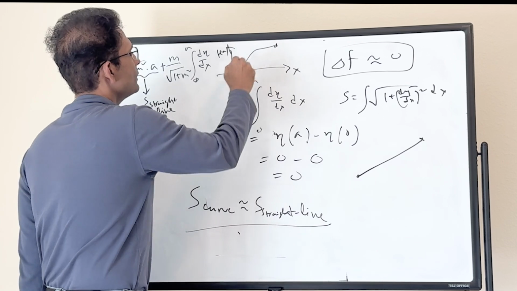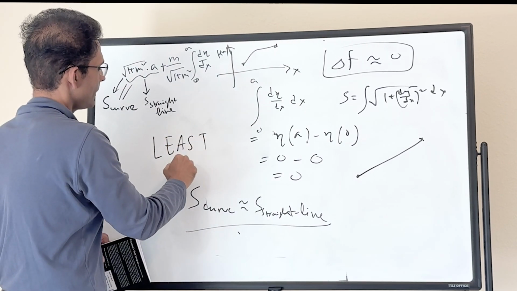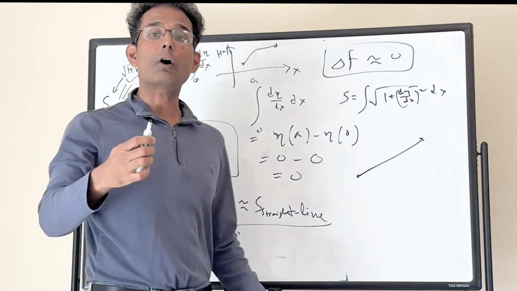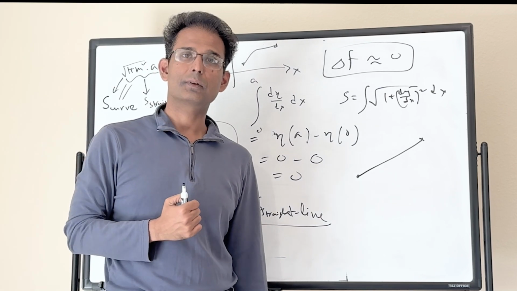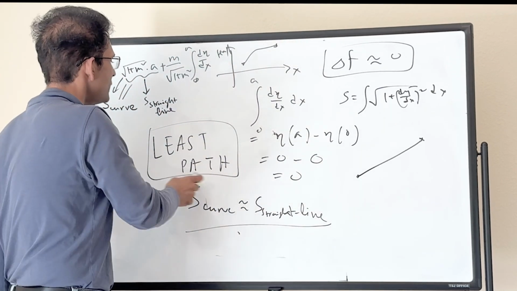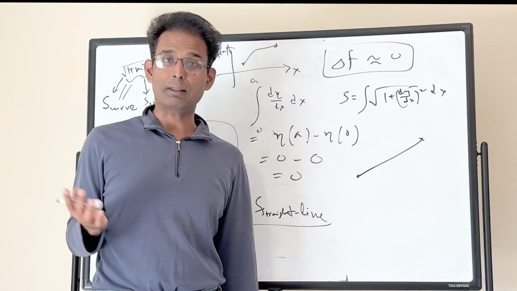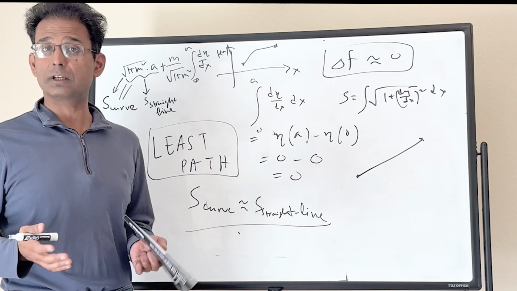And we use the phrase least path to denote that function, that optimal solution for which a functional is minimum. That is what is meant by the least path. It doesn't have to do with the shortest length. When the functional is the length functional, then the least path is the shortest path.